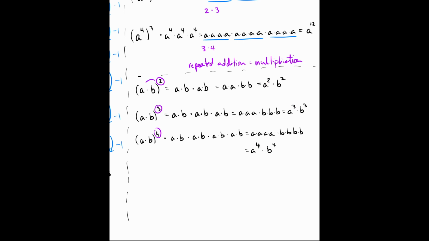So this is almost like the exponent goes to each individual factor. I say almost, but that is what's happening. You can almost think of it as distributing the exponent, although it's not quite like that. As you can see, as we rewrite the expressions using the definition of exponents, we end up noticing the pattern that in the end, each factor in the original expression gets raised to that exact same exponent.